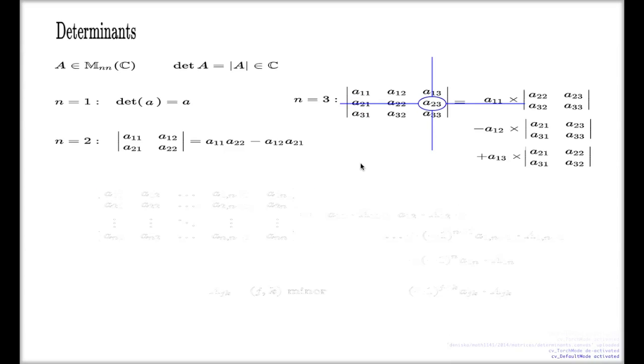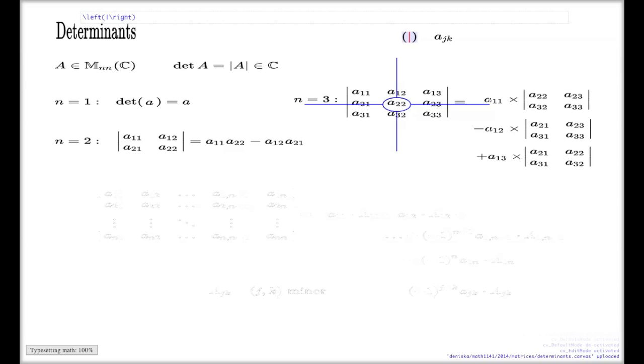I don't have it here on this slide, but actually I'll tell you this. When you do row or column decomposition, there will be an element and a minor. When you determine which sign to put next to your term in your decomposition, the universal way to proceed is this. If you have a general term of your matrix, A_jk, somewhere in the middle, like in here, the sign which you put next to it, you determine like this.